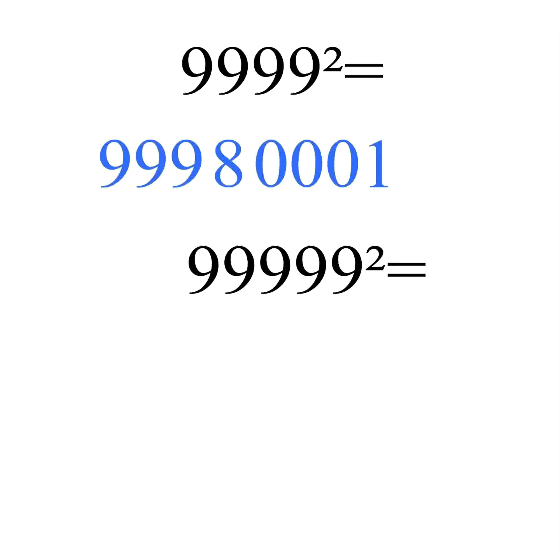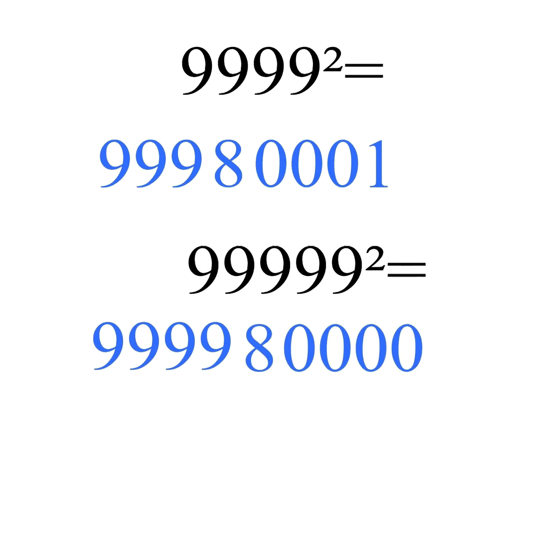We got 5 of them, so we decrease it by 1, which would be 5 minus 1 equals 4. So we write down 4 nines here, and as before, an 8, then 4 zeros, and finally a 1. That's it. That was very simple and fast.